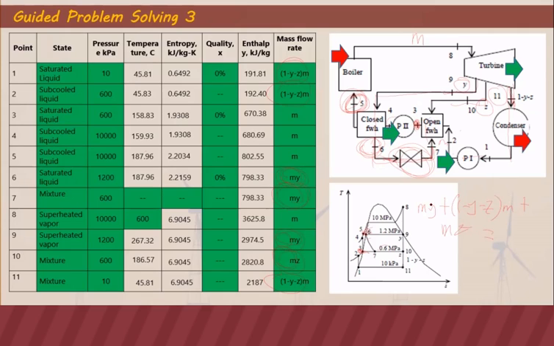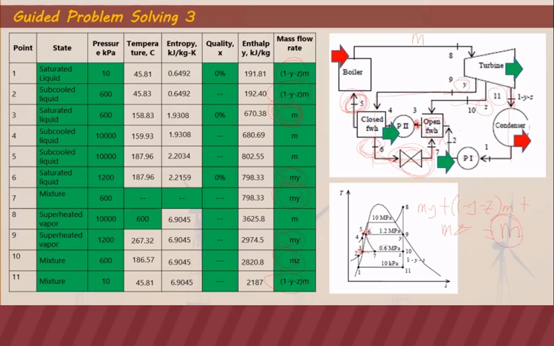If you take the sum of that, you can see that at point 3, it is just equal to M. So that's why at point 3, our mass flow rate is just equal to M. Because all the masses will begin to add again here at the open feed water heater, because this is mixing. So 7, 2, and 10 will mix here. All those masses will accumulate and will become mass M again.